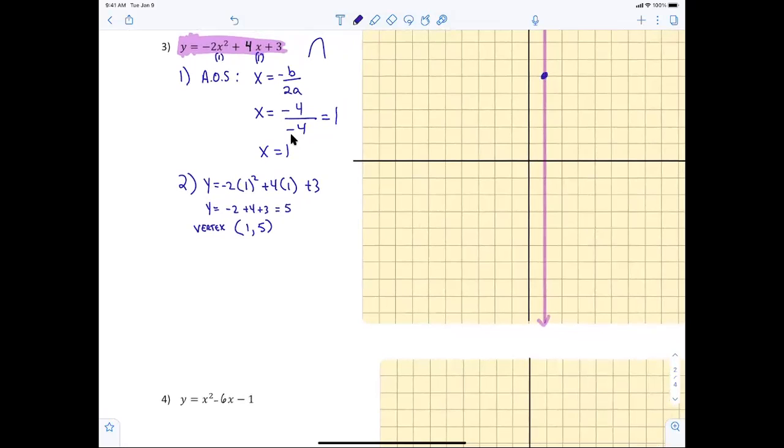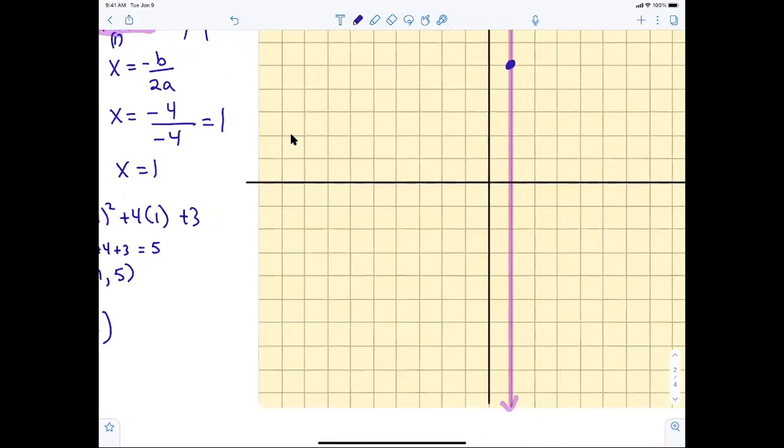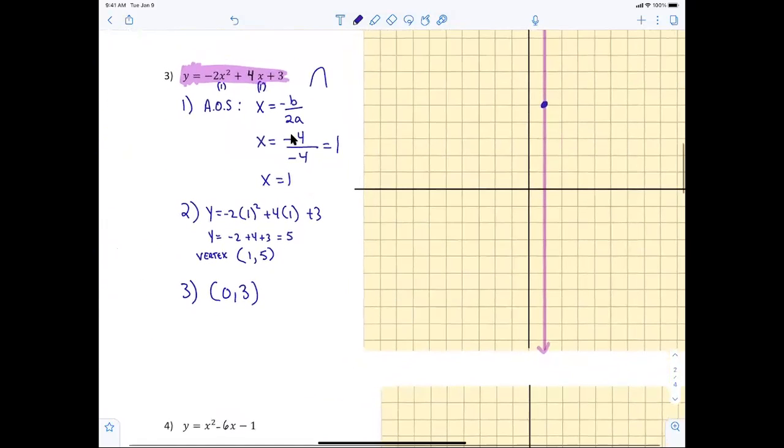Now step 3. What is the y-intercept? 0, 3. So now plot that point because it's different. What do you mean? 0, c. That is absolutely 100% correct. And thank you for asking. Do you see what I'm saying, right? The y-intercept.